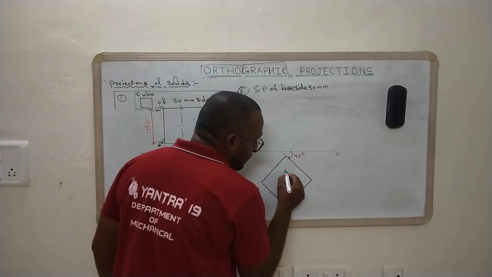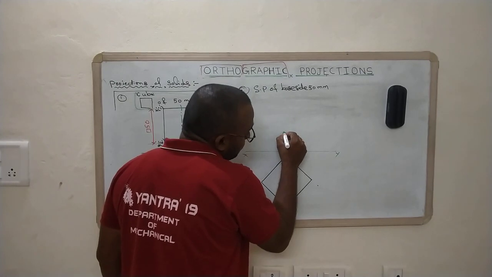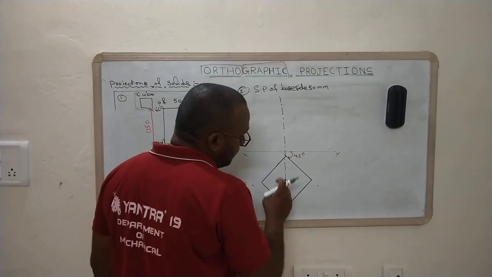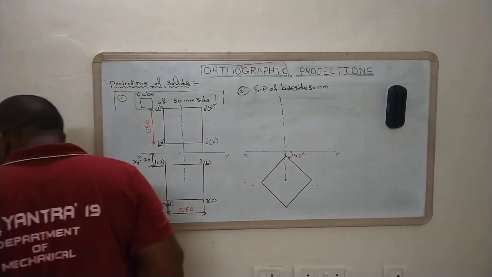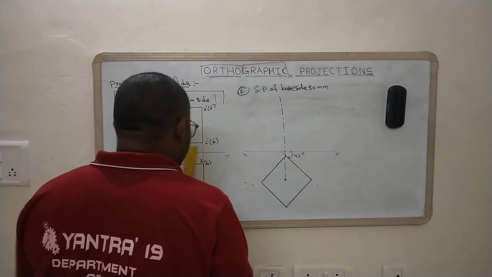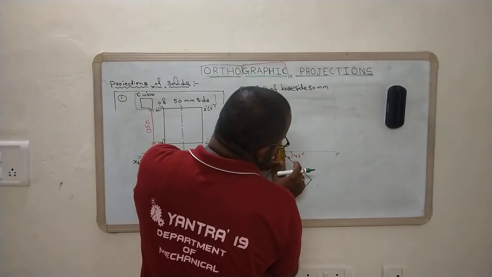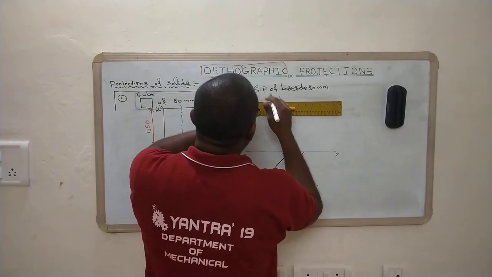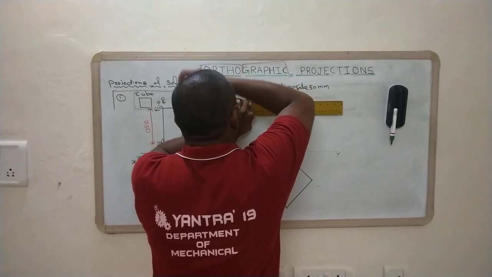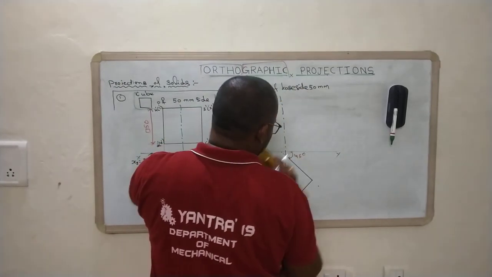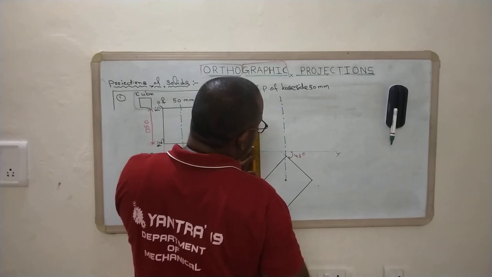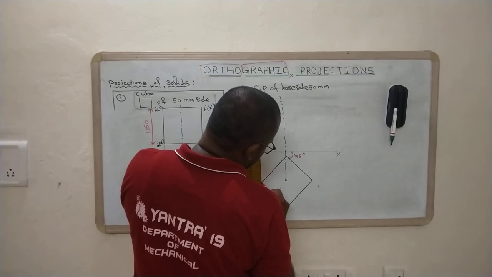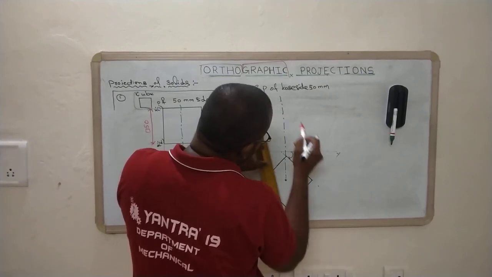Now we need to project the center axis upwards with a chain line, right? So now the height of this particular axis is about 70 mm. Now we have to place that 70 mm, then draw the horizontal line. Before we draw the horizontal line, we must project these lines upwards.